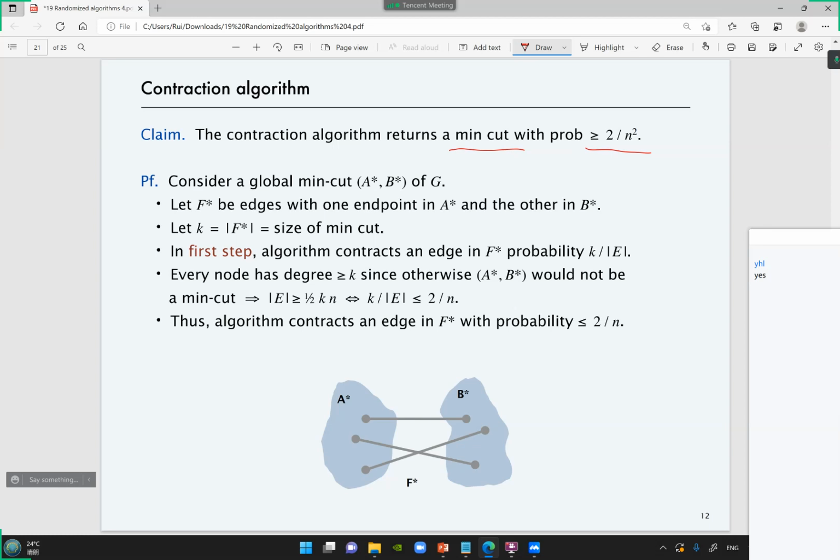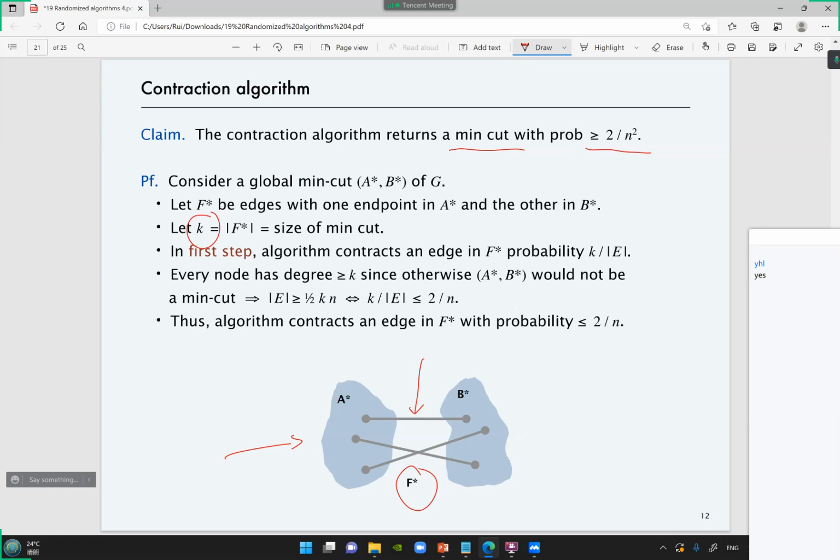So to do this, let's look at the graph. Say that this is your graph, and let F star here be the actual min-cut. We don't know what this F star is initially, but there's some sort of min-cut, so let's just focus on this min-cut. And let's say that k is the number of edges in this min-cut. In the end, you want to return a cut with size equal to k, not larger than k. So we said that the contraction algorithm is going to work correctly if we never contract one of these min-cut edges.